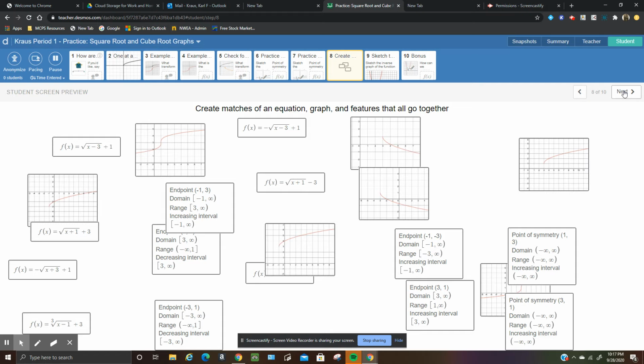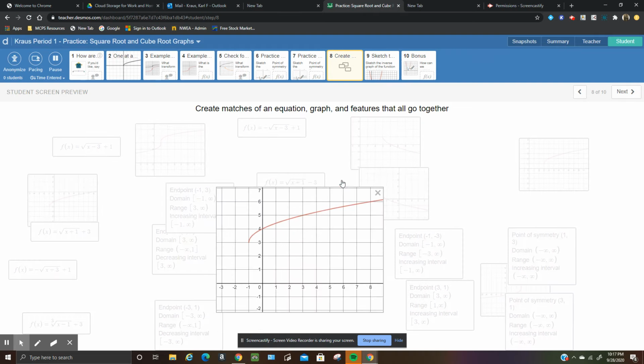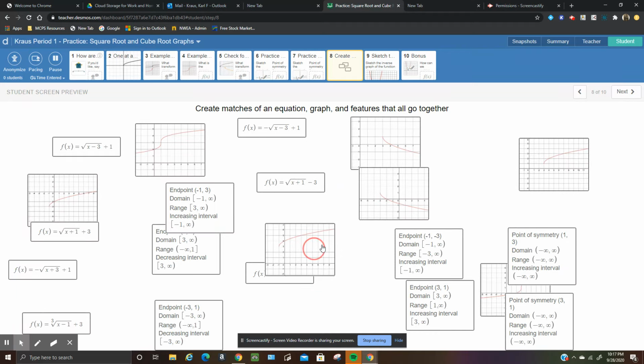All right. Well, this is a lot of graphs and equations to match up. So I think I might start with the square root ones here. Trying to drag that, it's not dragging. So let me see here.